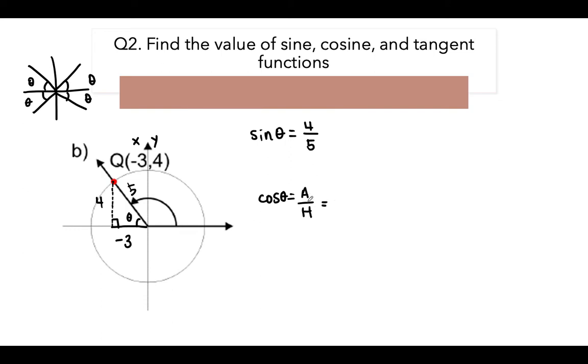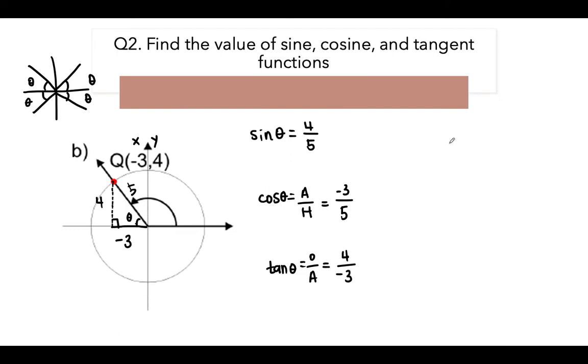So in this case, from my starting angle, adjacent is negative 3 over 5. So negative 3 over 5. And tangent is opposite over adjacent, meaning it's going to be 4 over negative 3.